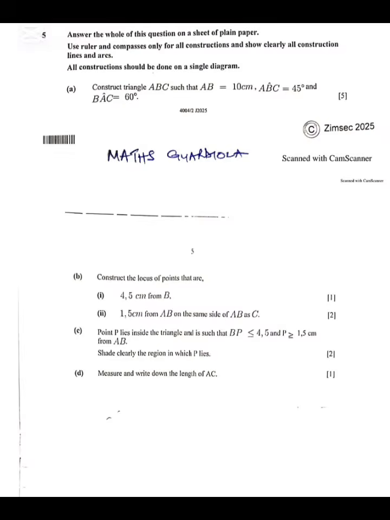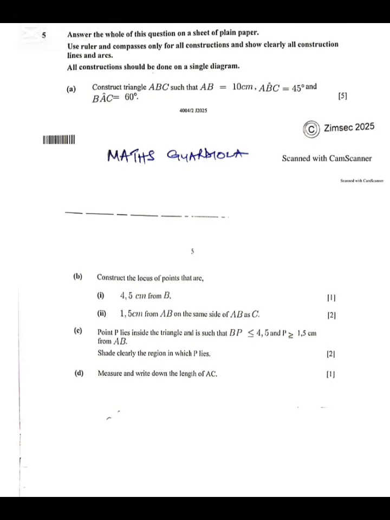And then part C, point P lies inside the triangle and is such that BP is less than or equal to 4.5, right? So it means that it is inside the circle because our circle has a radius of 4.5 centimeters. So that point P is supposed to be within the circle and also the triangle.